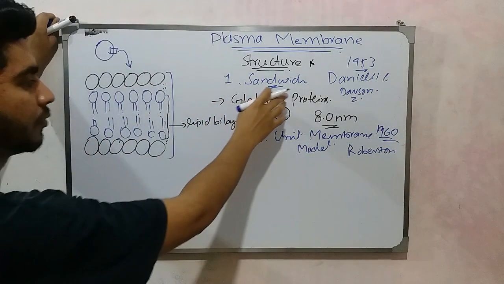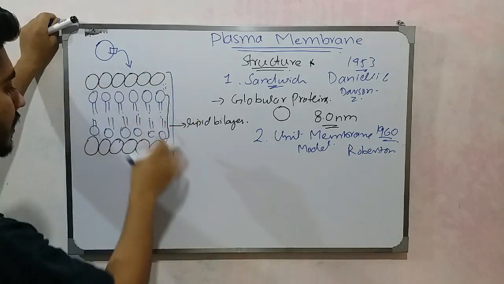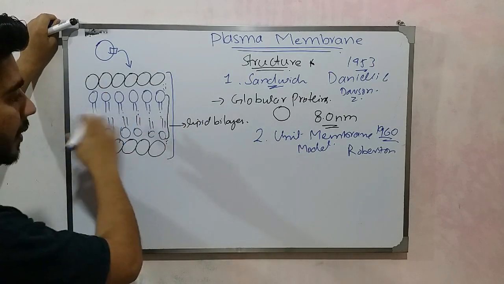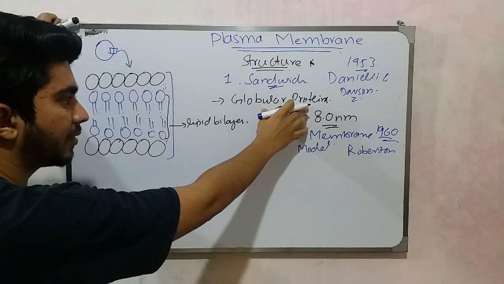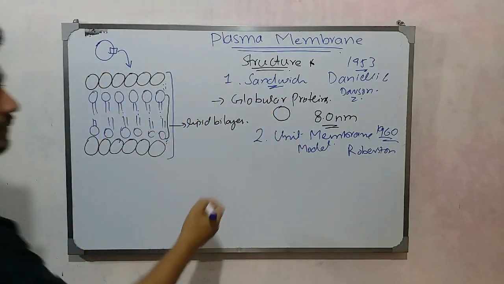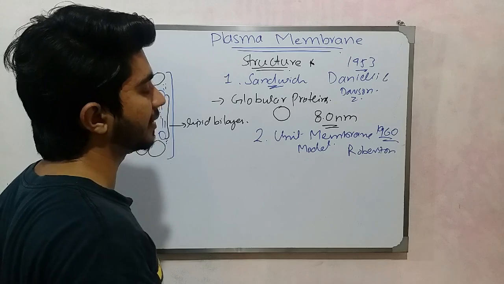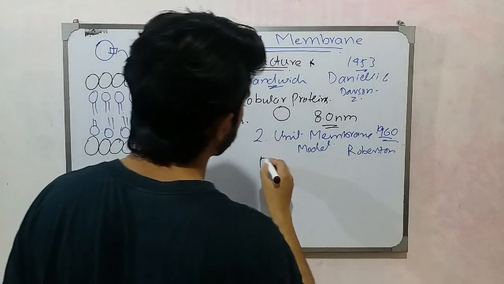Instead of globular proteins on the sides of the lipid bilayer, he told that these globular proteins are not present. Instead, there are other proteins. These proteins are called fibrous proteins.